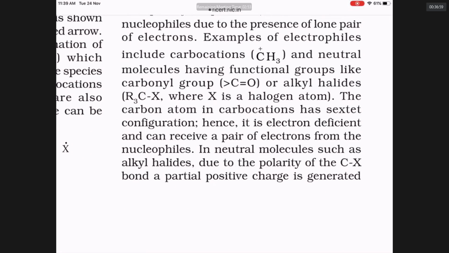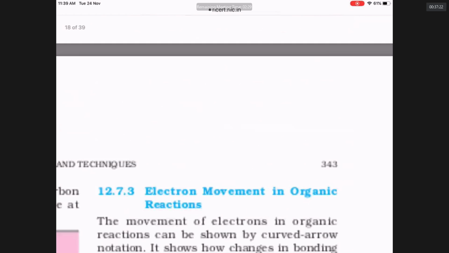Why carbocation is electrophile? Carbocation is electrophile because carbon carry plus charge. Carbon has only 6 electrons, sextet. Everybody gets stability when they get octet or 8 electrons. And 6 electron carbon attacks a center that has minus charge. So you should understand electrophile, nucleophile.